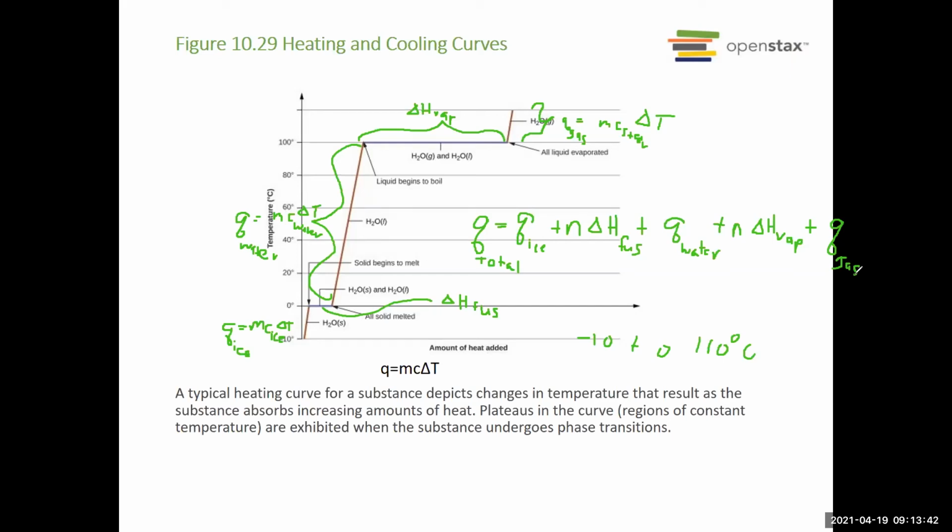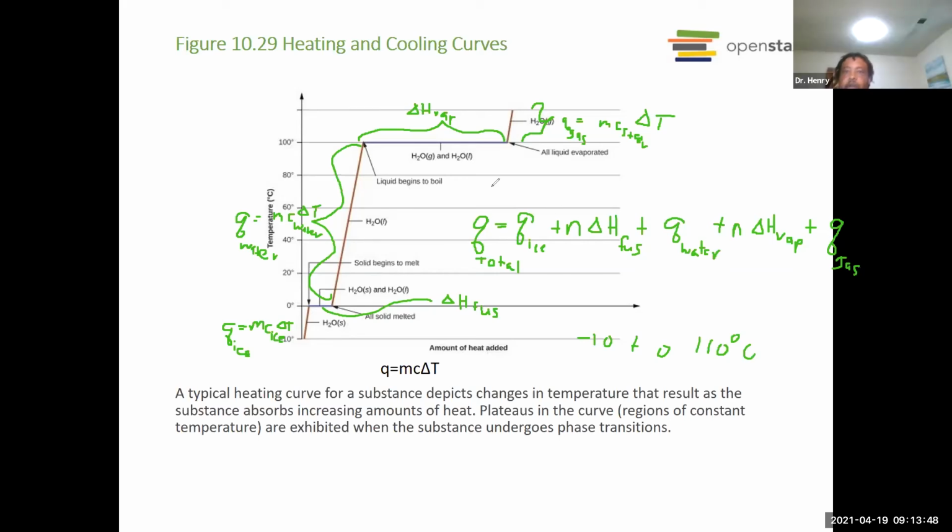I think so, yeah. Cassie? Yeah. I'm looking at the Q total. N is coming from where? N is the number of moles. Okay, because that's where I was like, wait, where did we get that one?